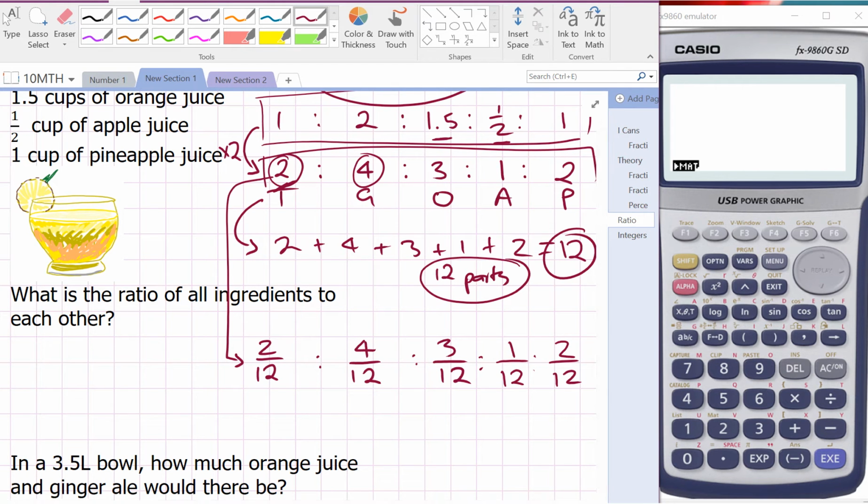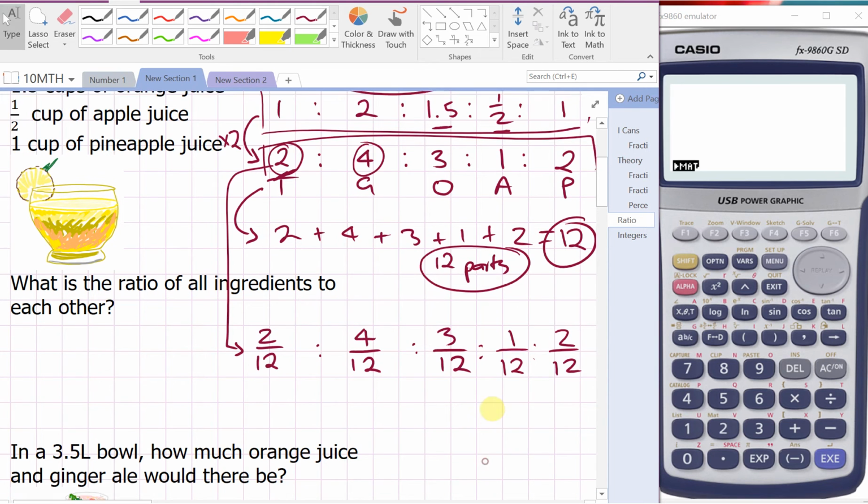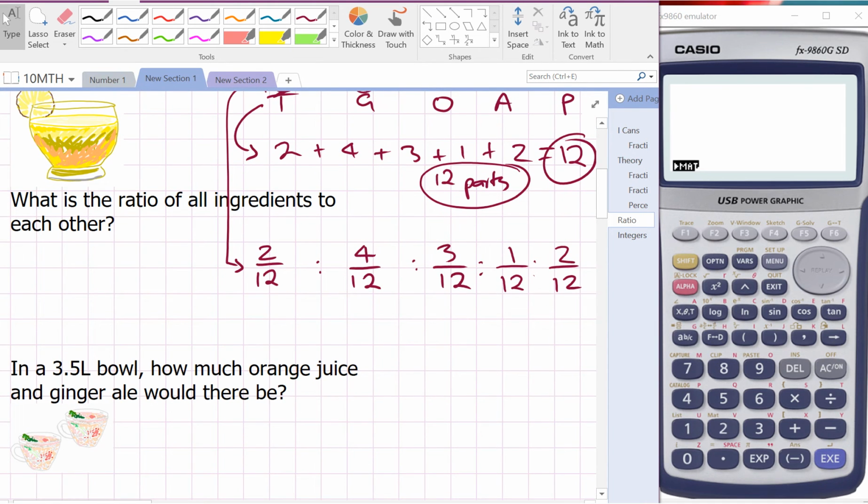And the reason why we want to do that is so that we can answer these sorts of questions. If you've got an actual amount, so in a 3.5 litre bowl, that's an actual amount, how much orange juice and ginger ale would there be? Okay, so this is when we would use the fractions which have been obtained from the ratio.